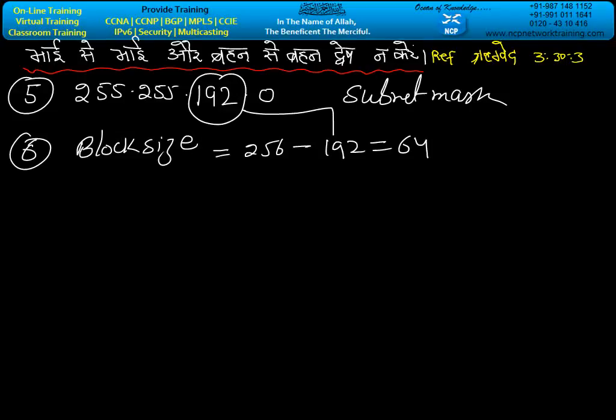But we remember the 64 block size is same that was coming in the class C also, but this 64 block size is in third octet, not in fourth octet. While in case of the class C, the 64 block size was in fourth octet. We was dividing the fourth octet in case of the class C, while in case of the class B, we will divide the octet number 3.